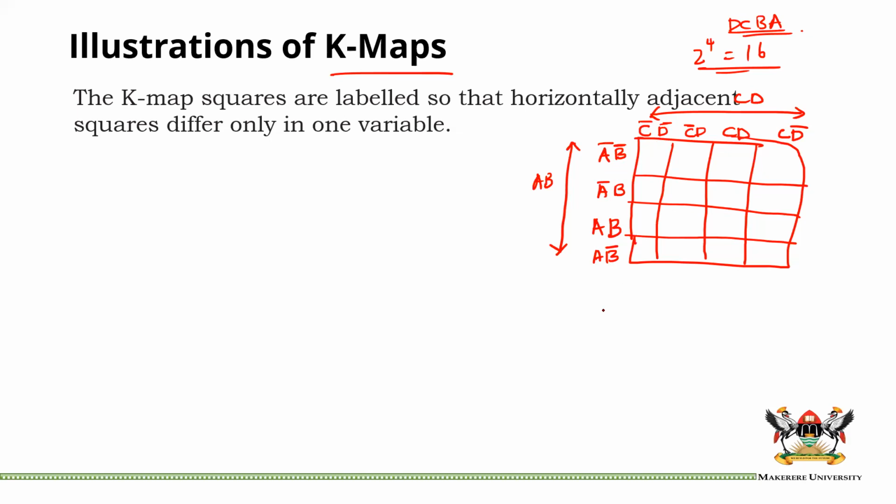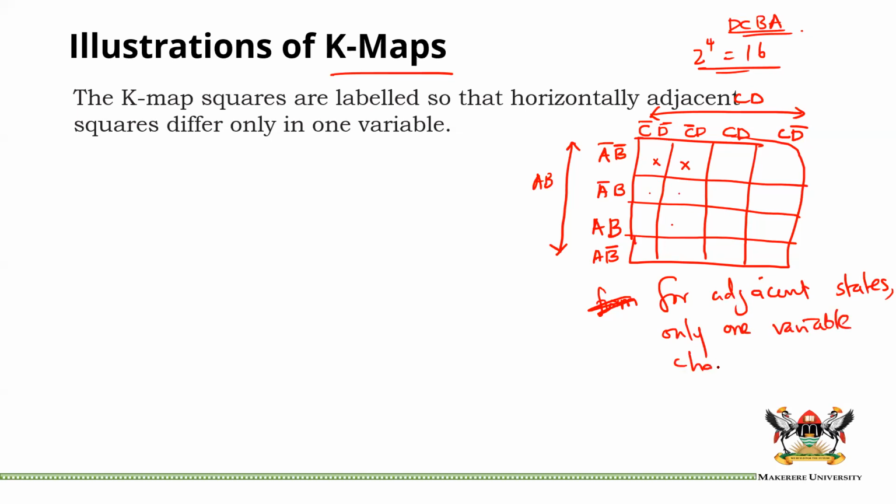The most important thing to note is that for adjacent states, I will call these states, you know, this is a state. For adjacent states, so I'm looking at an example like this one and that one, only one variable changes. Every time you move from one state to the next one, only one variable changes.